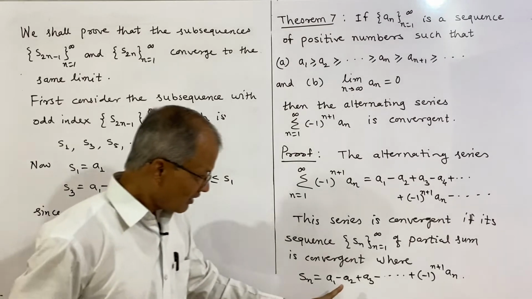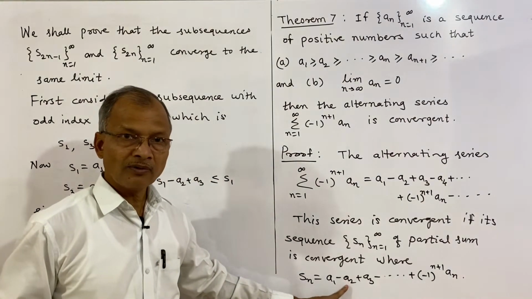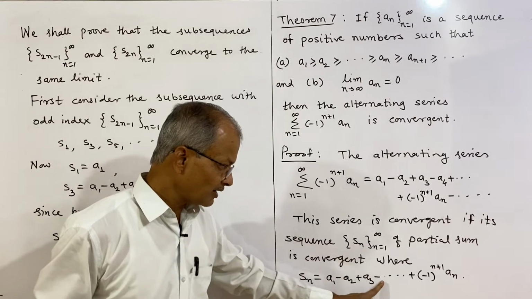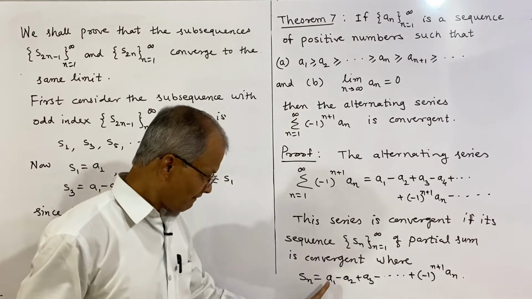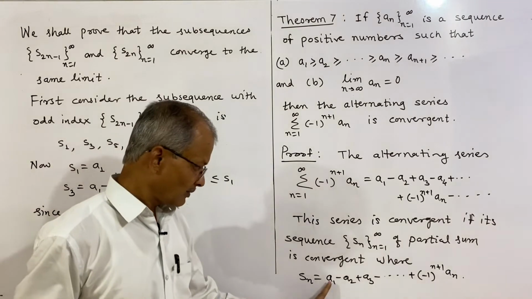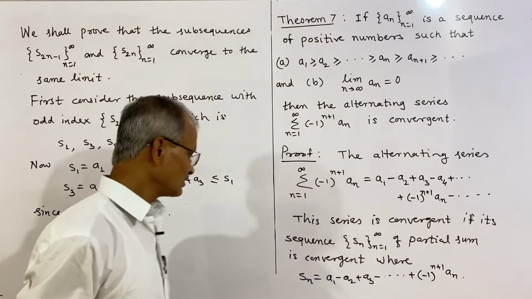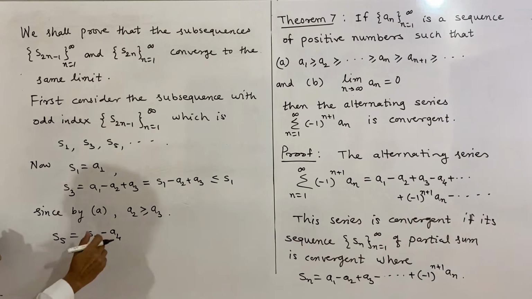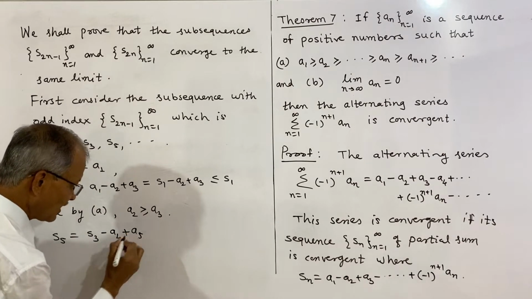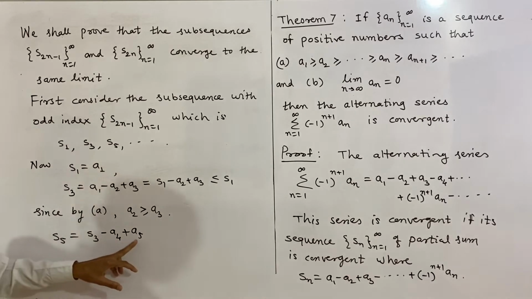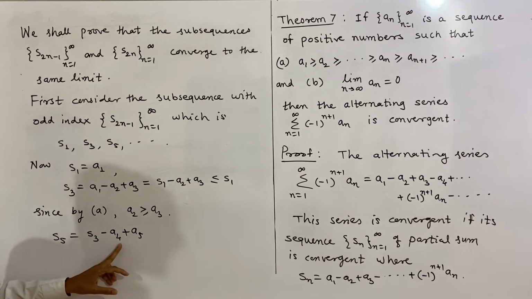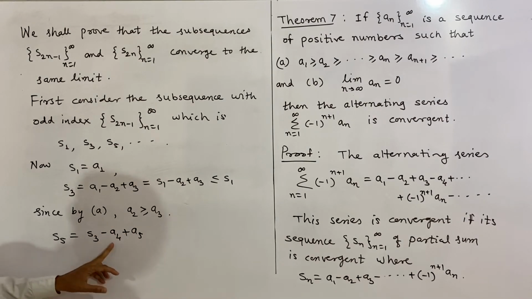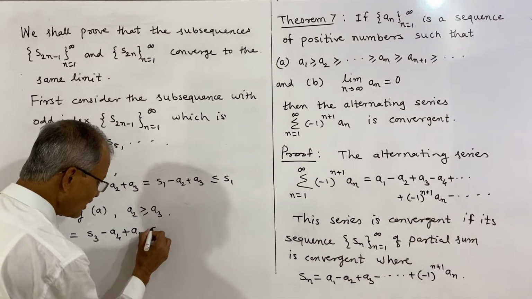We should note that here the even index terms are negative, minus a2, minus a4, minus a6, and odd index terms are positive, a1, a3, a5, etc. So we write it as S3, the sum of first three terms, minus a4 and then plus a5. Because a4 is greater than or equal to a5 numerically, this quantity becomes negative, and therefore S3 minus some negative quantity will be less than or equal to S3.